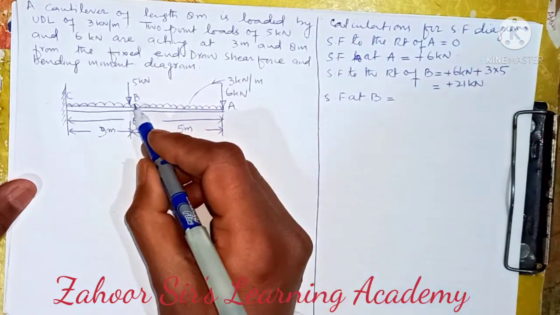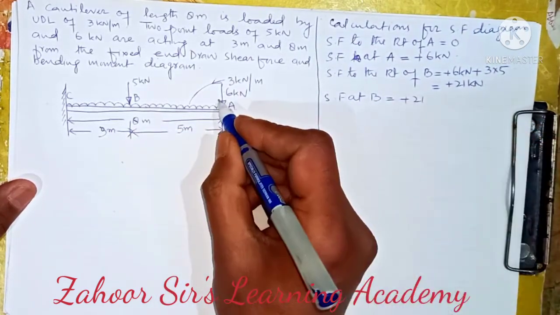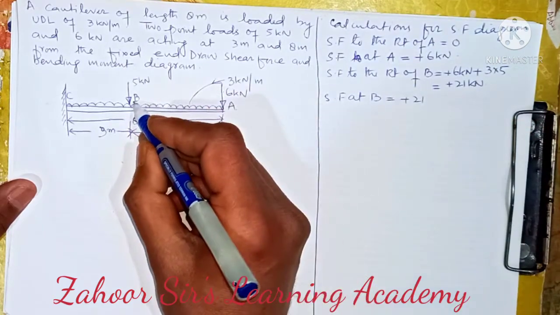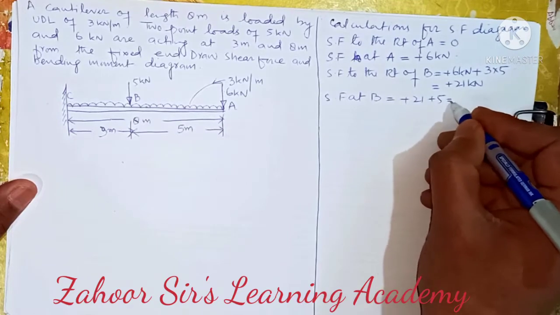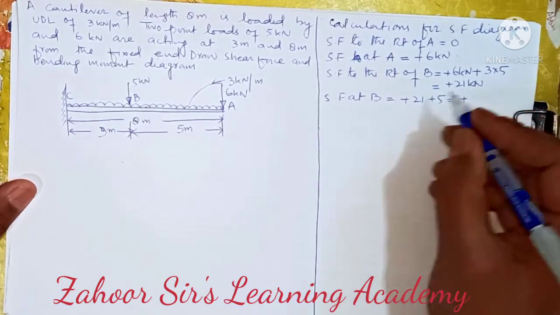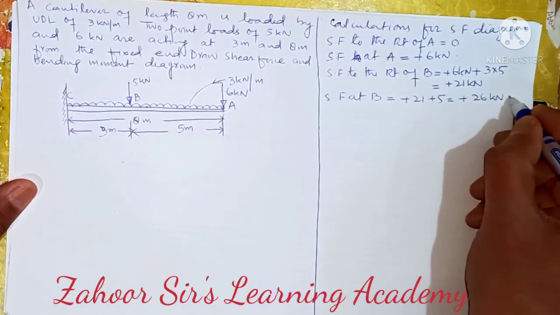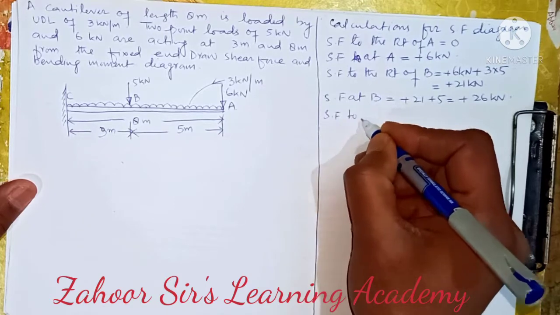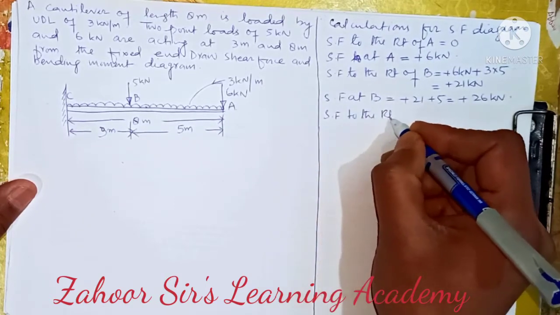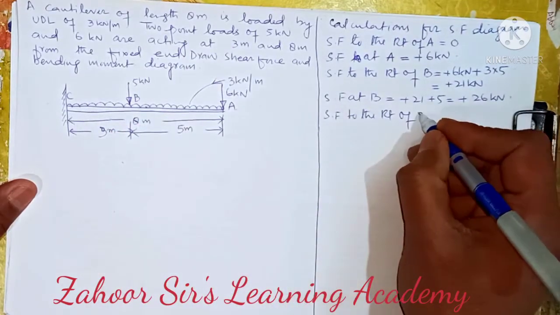At B, there is this 21, which was to the right of B, and at B there is the 5 kilonewton point load, so we have to add that 5 kilonewton. That means at B it is 26 kilonewton. Now in the same way, SF to the right of C.